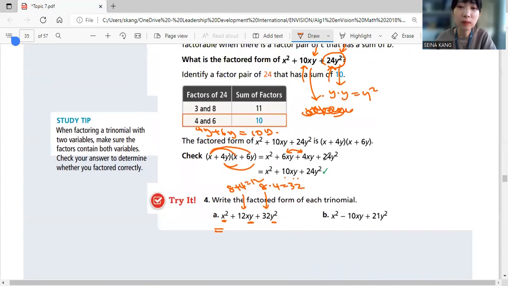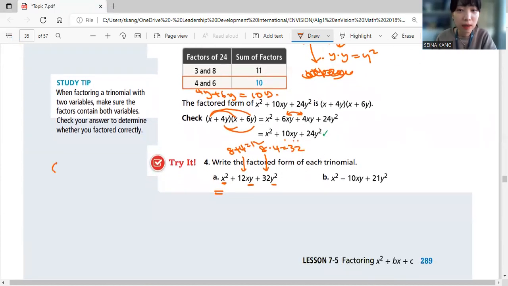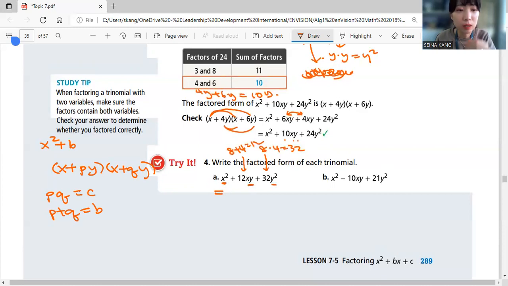Okay, so the form is x plus py times x plus qy, where p times q is equal to c, and p plus q is equal to b, in the form x squared plus bxy plus cy squared.